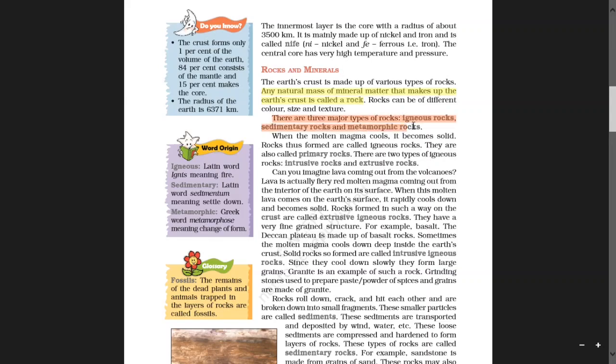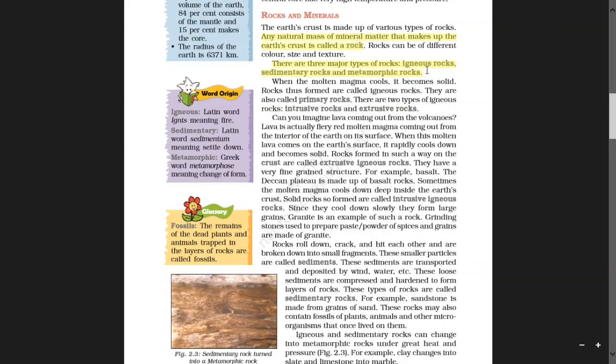How many types of rocks are there? You have to say major types of rocks. There are three major types of rocks. They are igneous rocks, sedimentary rocks, and metamorphic rocks. So, boys, you find here what is a rock and how many types of rocks are there. Name them.